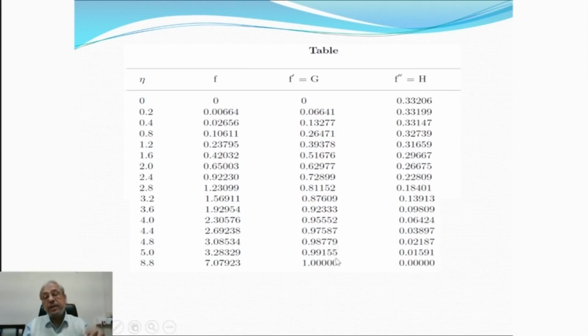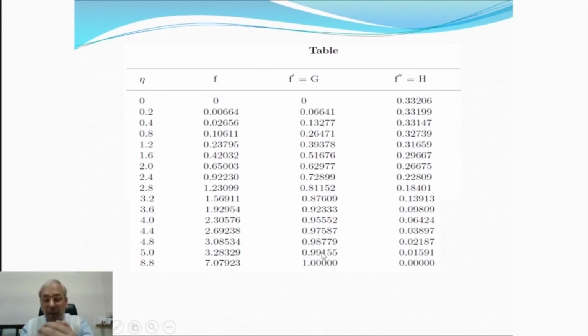So lowercase u by uppercase u is f prime. Now for eta equal to 5, lowercase u reaches almost uppercase u, 0.9915. That means it has reached the edge of the boundary layer at eta equal to 5.